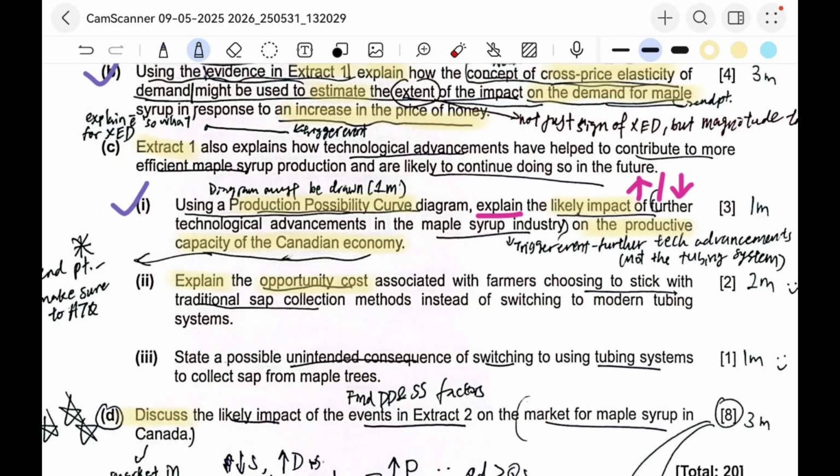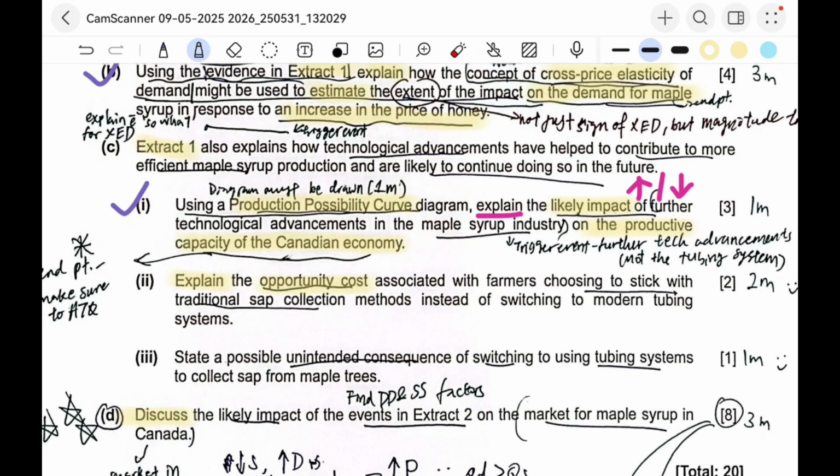So if the farmer doesn't do that, they will lose out on the higher amount of maple syrup that they can collect. Because if they choose to be traditional, then you use the tapping method, then you will not be able to collect so much maple syrup and you spend a lot of time. So that is the opportunity cost that came up.